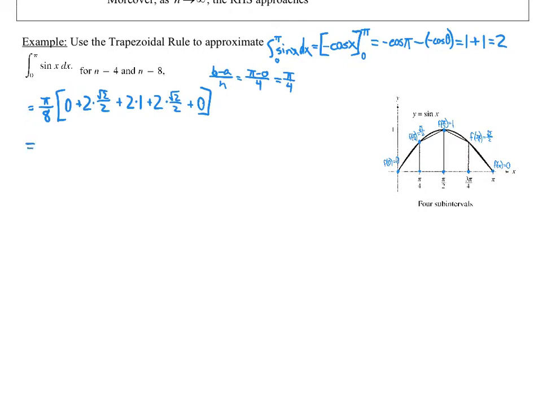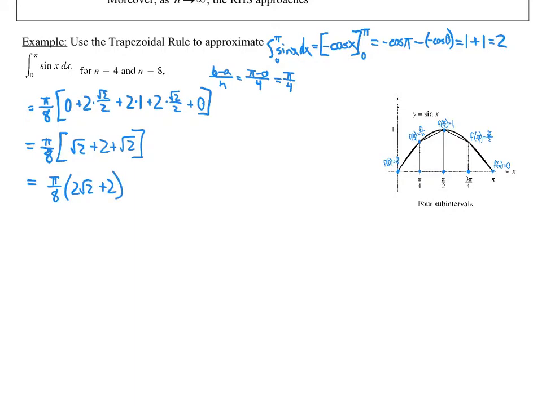So we now have pi over 8 times root 2 plus root 2. So that's 2 root 2 plus 2. So pi over 8 times 2 root 2 plus 2.